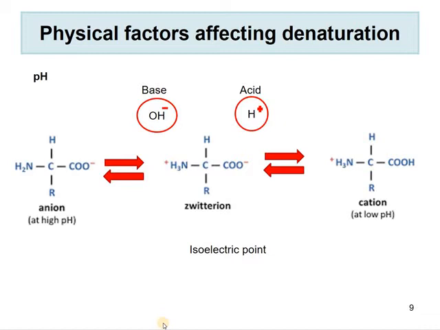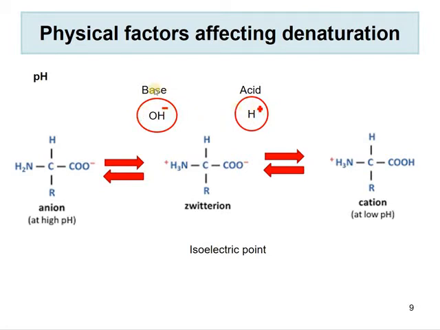Each and every protein will have a pH whereby it becomes a zwitterion. That is specific for each and every protein, and we have 20 of those amino acids. But just illustrating using a simple amino acid, what happens when you add acid? You add your hydrogen ions, H plus, your protons.